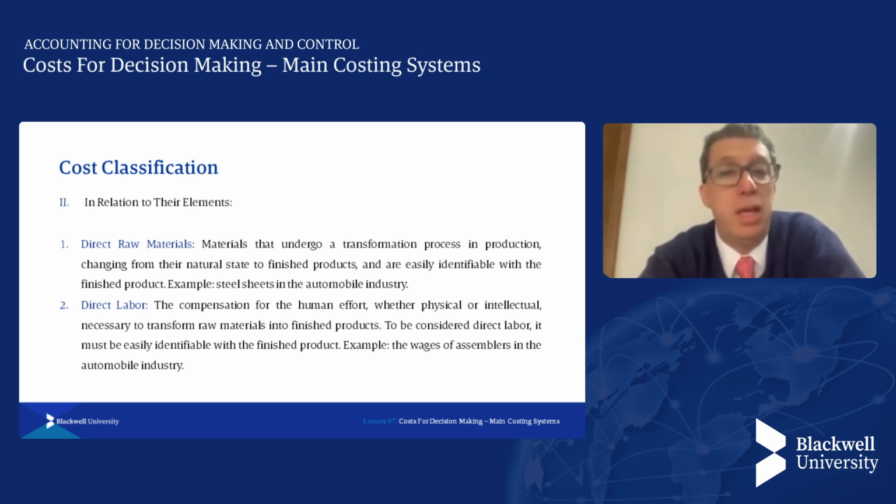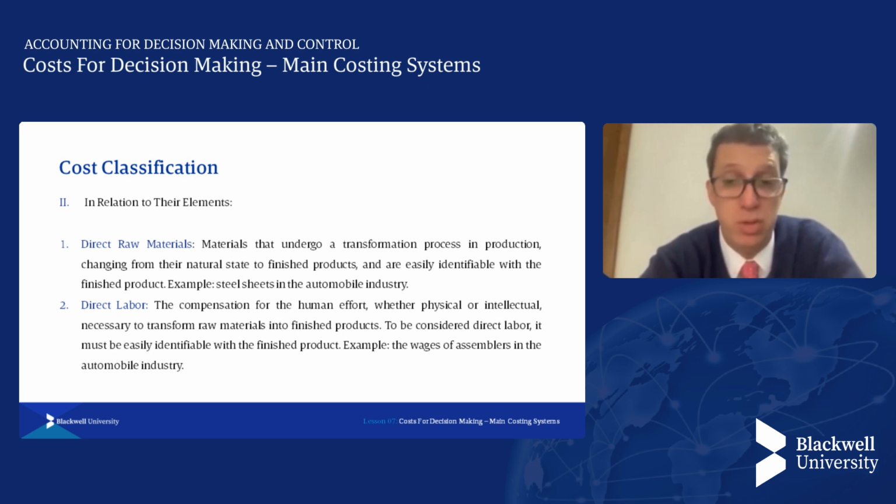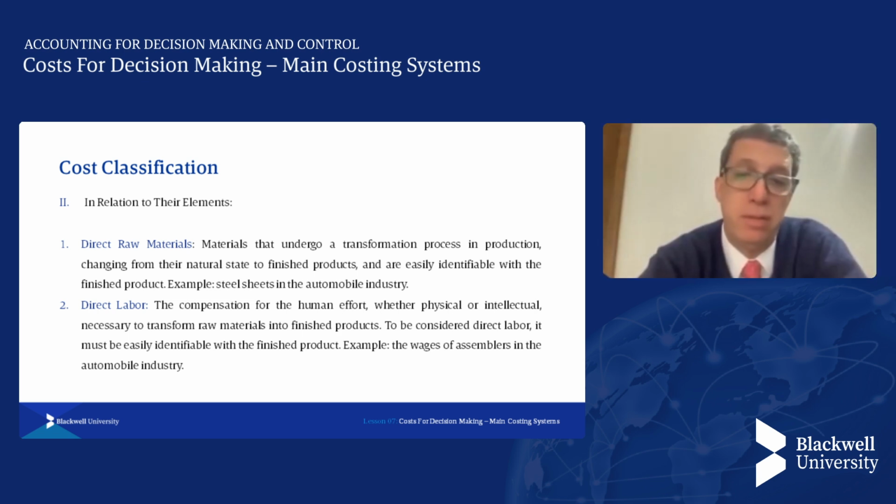Also, on the other hand, something as relevant as direct labor will be involved. And here it is in relation to remuneration for this human, physical, and intellectual effort that is used to transform raw materials into finished products. To be considered direct labor, it must be easily identifiable with the finished product.